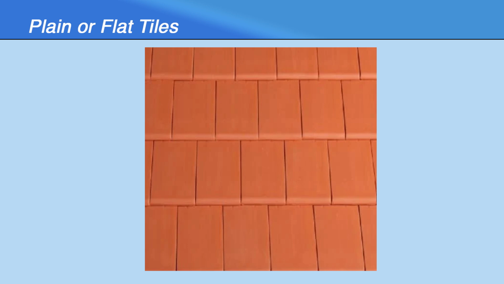The tiles can be fixed using nails through these holes. The nails used in nailing plain tiles are copper composition nails of 38 mm size. It is not required to nail every tile.